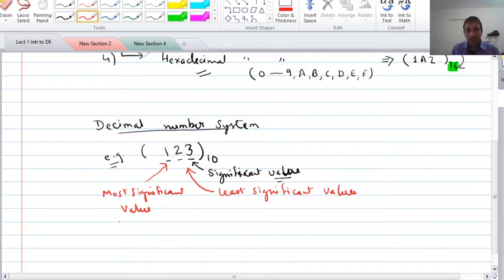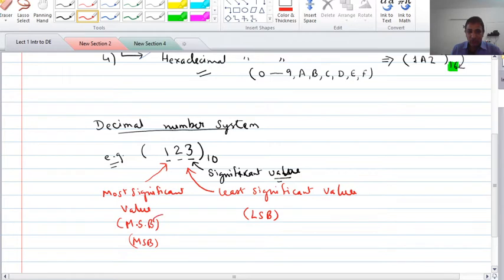That's why this is known as MSB, most significant bit, and this is known as LSB, least significant bit.